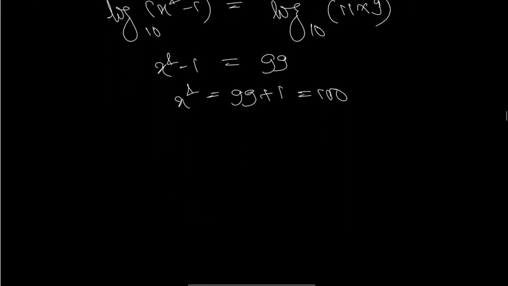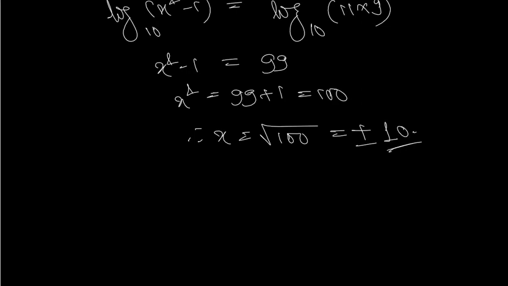Therefore x is equal to root of 100, that is plus minus 10. The final answer should be plus minus 10. But we are not going to take the minus sign, so don't bother writing it, because in logarithms there is no negative sign. But even if you write it, it's not wrong. But okay, let it be.